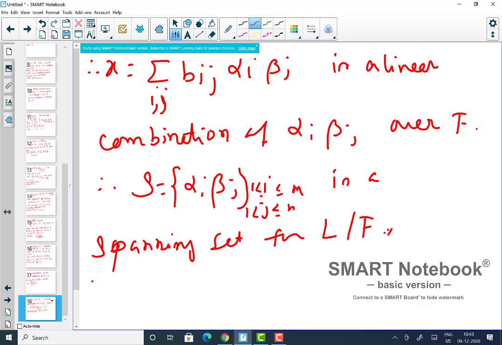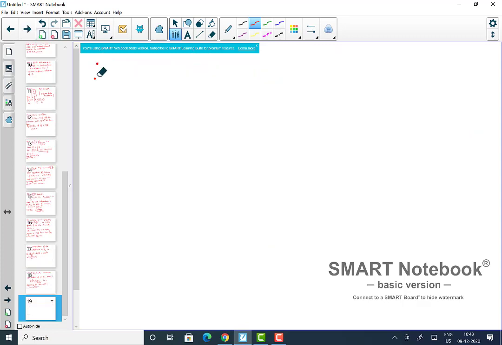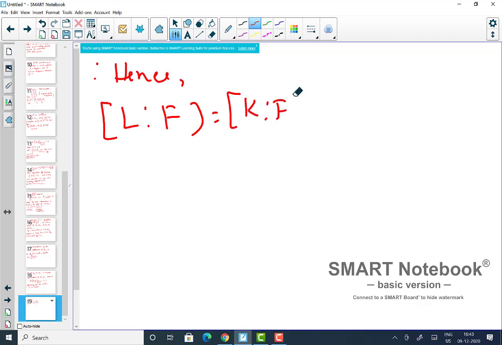That means it is a basis, right? Okay, so hence what do we have? We have the dimension of L over F is equal to that of K over F times that of L over K. Okay, hence proof.